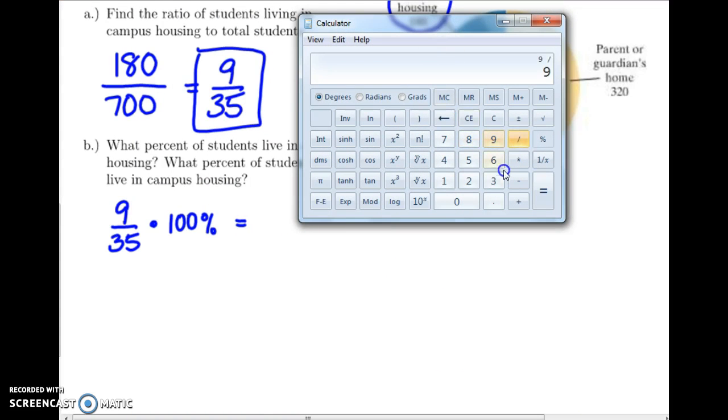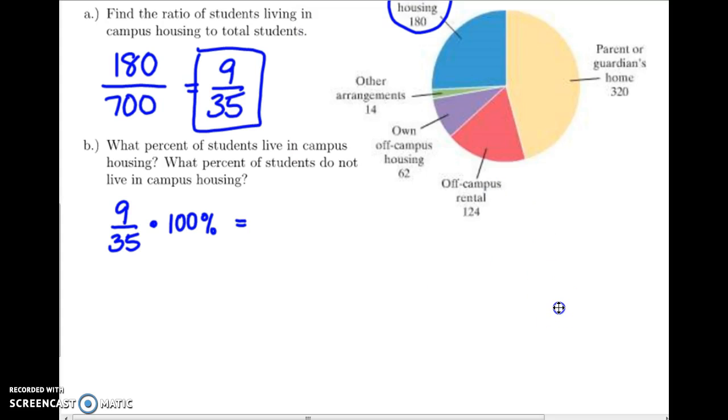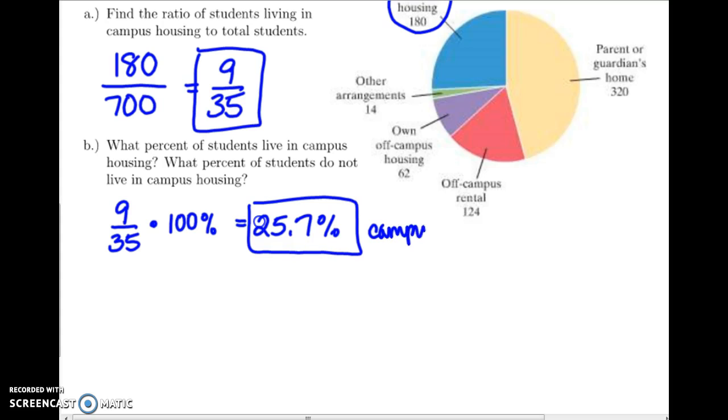All right, 9 divided by 35 and times 100. And it didn't say what to round to. Let's just round to the 10th percent again, so 25.7%. So that is campus housing, right?